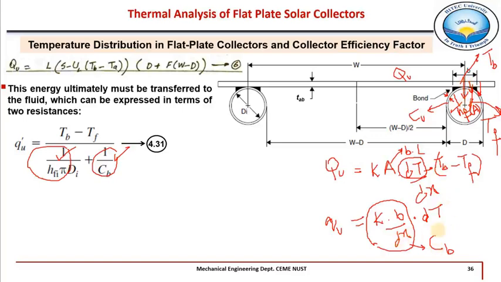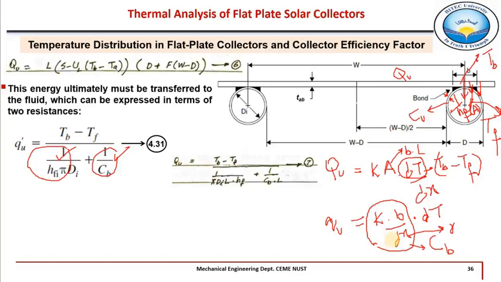In this book, the thickness of this bond is represented by gamma. So that is the heat transfer for the whole length, TB minus TF, divided by this bond conductance. But for unit length, L is not mentioned in the book, so it is small q.